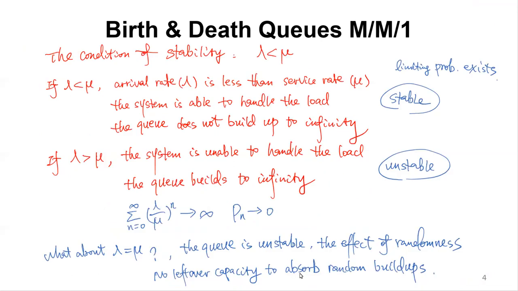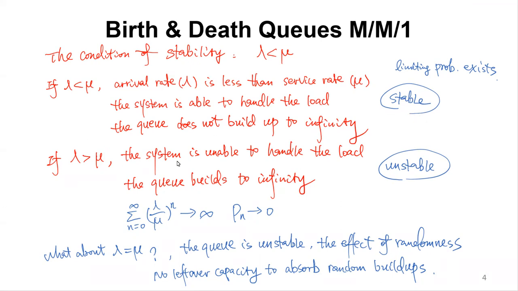The condition of stability is lambda over mu must be less than 1, so lambda less than mu. If the arrival rate is less than the service rate, the system is able to handle the load. The queue does not build up to infinity, so the limiting probability exists. This is what I call stable.